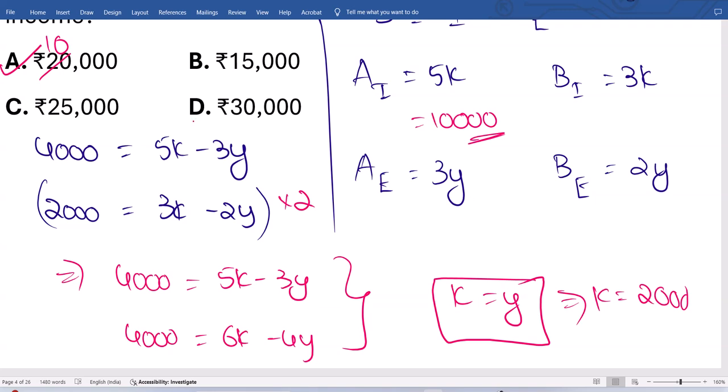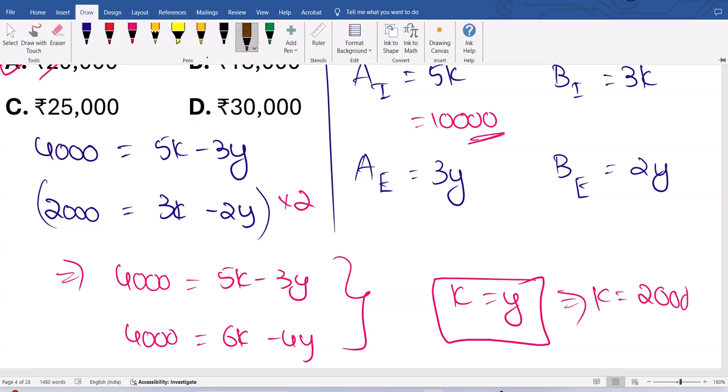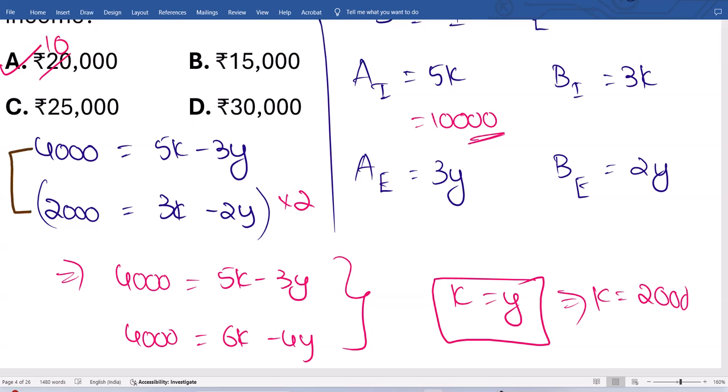What I did is equate the constant value, then subtract, got the relationship between K and Y, and then got K equal to 2000. Once K is 2000, A income will be obtained.